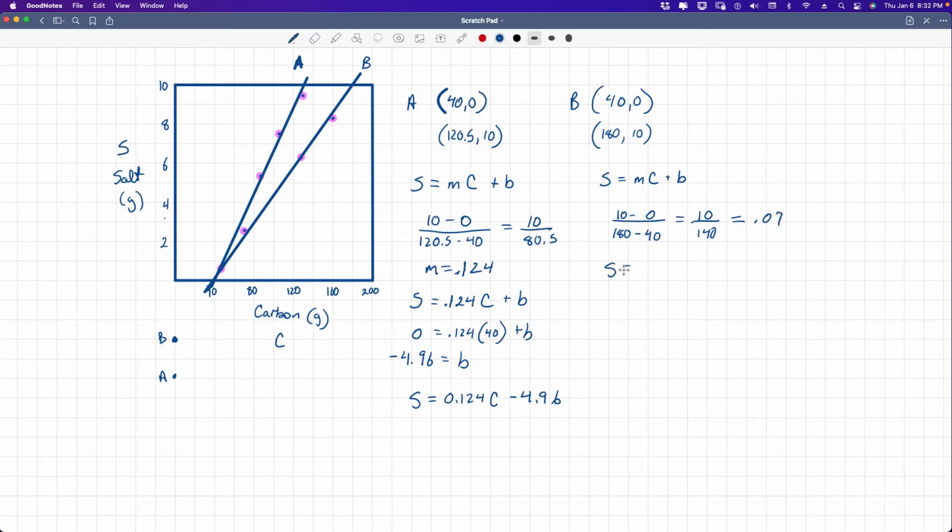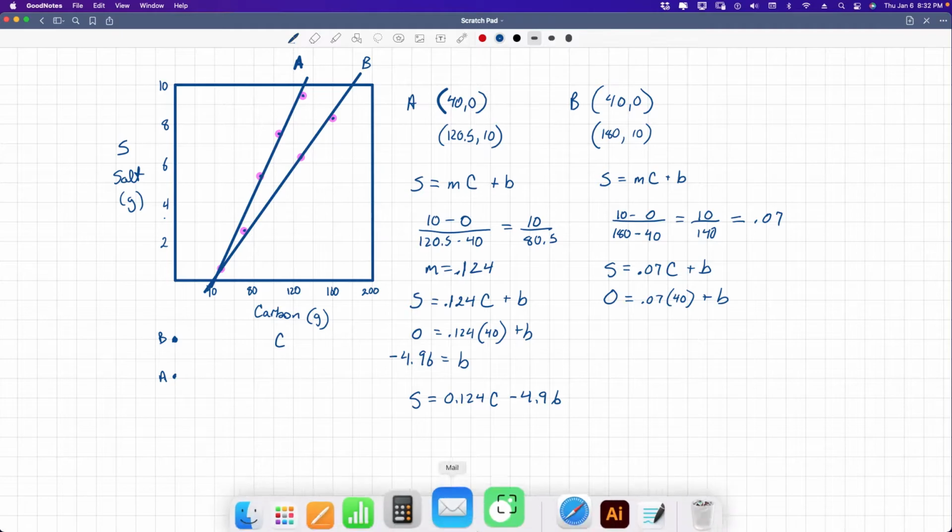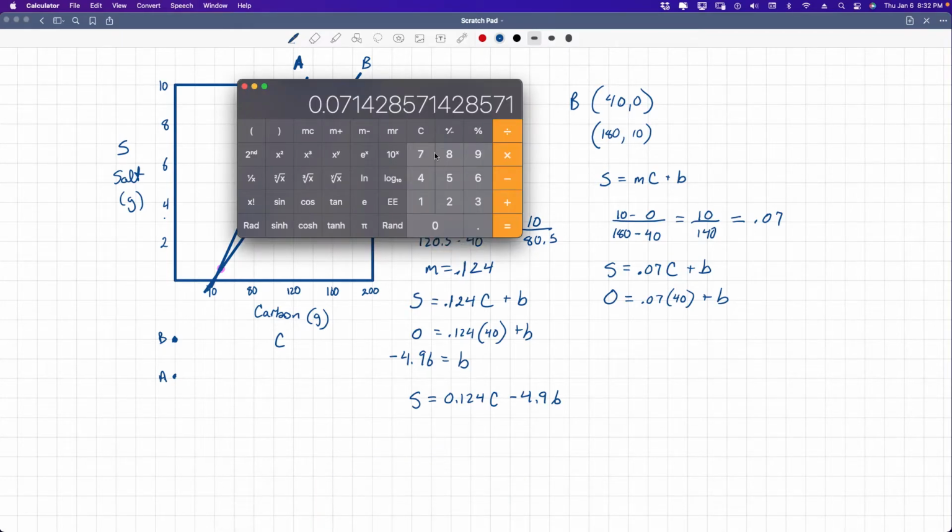So S is equal to 0.07 carbon plus B. So now we sub in this point. This is 0 for salt. 0.07 times 40 plus B. So now I just multiply 0.07 times 40.